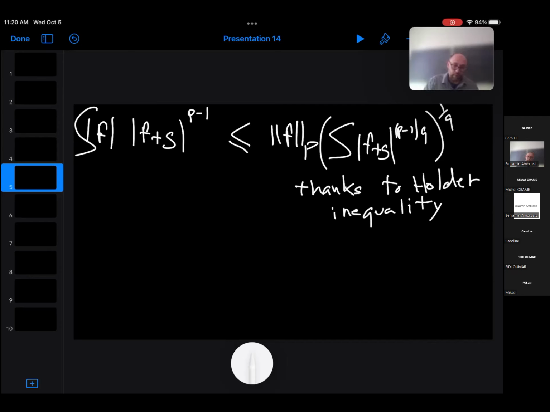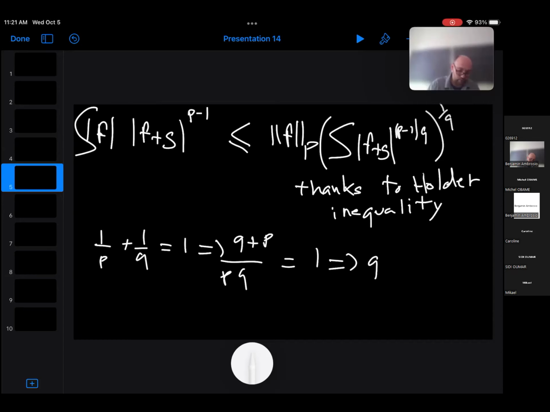All right, but I can do something about that because you have 1 divided by p plus 1 divided by q equals 1. So this implies that q plus p divided by pq equals 1, which implies that q plus p equals p times q.